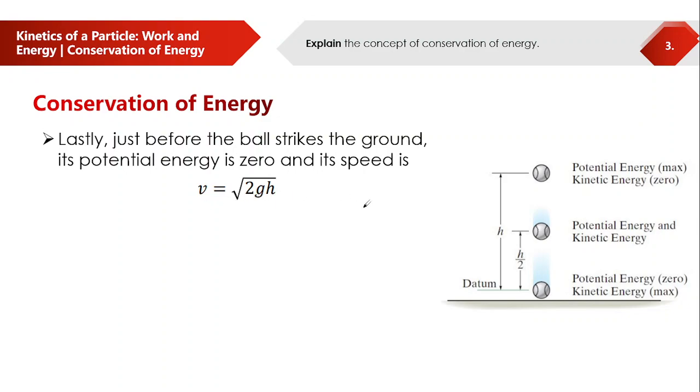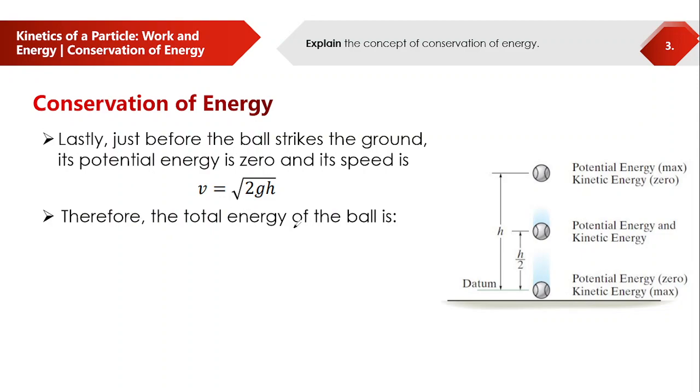Now, given na yung final position mo is h, tas yung initial mo is andun sa 0, makukuha mo tong v squared is equal to 2gh lang. Tapos, kukunin mo yung v, that will be square root of 2gh.